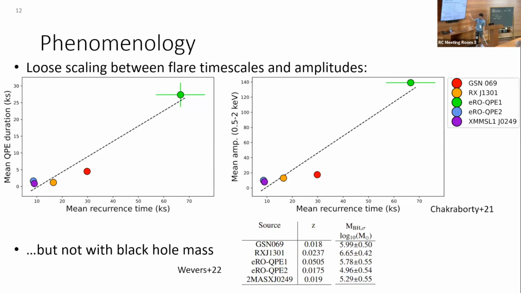The most massive black hole showing QPEs is RX 1301, but it's all the way down in the middle of the pack in terms of timescales. But another caveat I should add is that these are M-sigma masses, and we're at the low end of the M-sigma relation with these sources. So don't put too much faith in them.